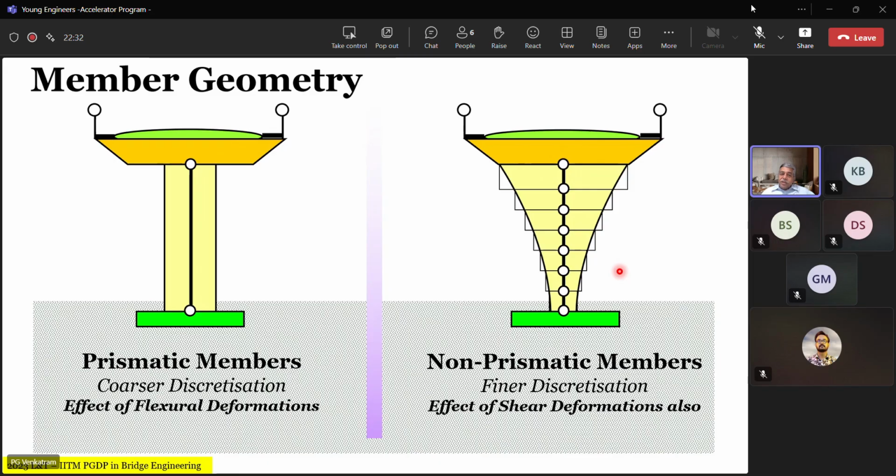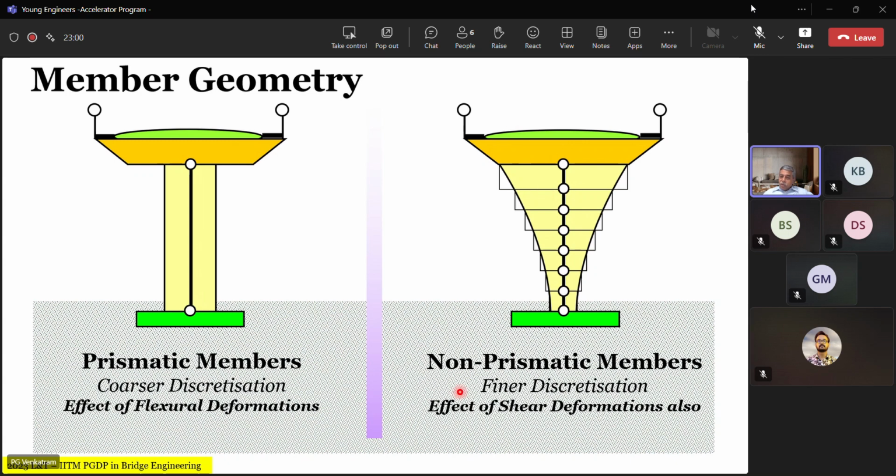But if we have a non-prismatic member, like for example, a pier which is small at the base and large at the top, then this is not a choice. This becomes a compulsion, because if we want to get the correct stiffness, we have to discretize it to model the geometry of the pier more accurately. You understand the point now?